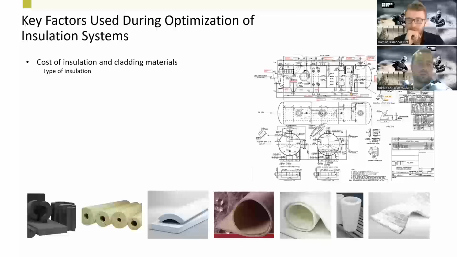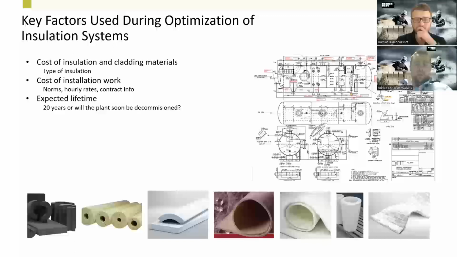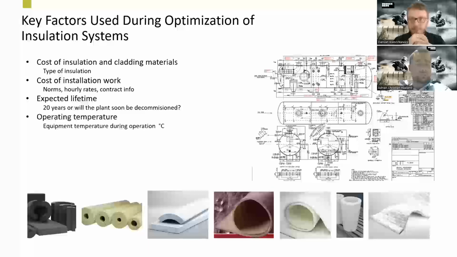We need to know what the cost of the insulation is. We need to know the cost of the installation. So how much does it cost for scaffolding, man hours, cladding materials, surface treatment of the equipment, etc. We need to know roughly the lifetime expectancy of the equipment and the insulation materials that we are using.